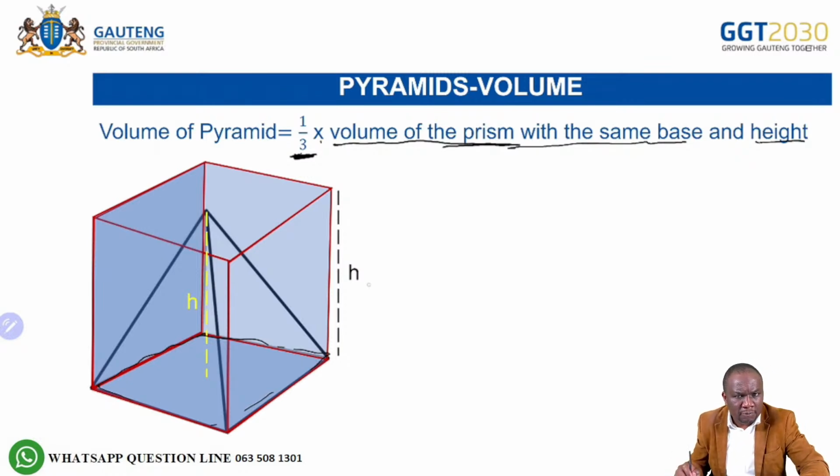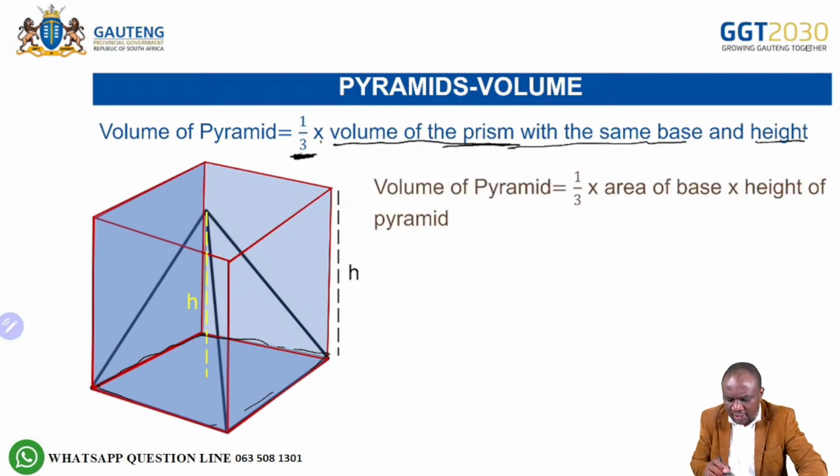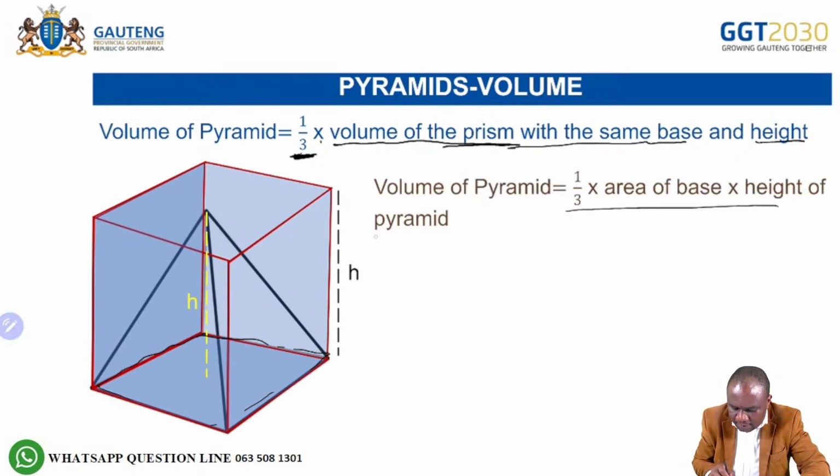Do you remember the volume of the prism? How do you find the volume of the prism? It is the area of the base times height, isn't it? So the volume of the pyramid, it is what? 1/3 times area of the base times height. That's what it means. So let's say you forget about this, you can remember using this.